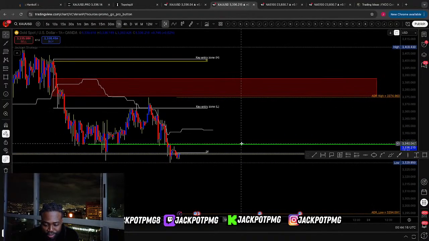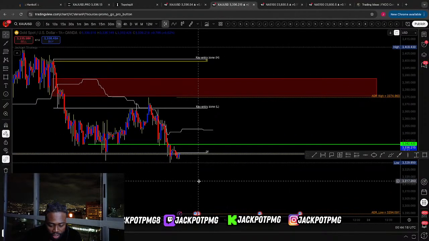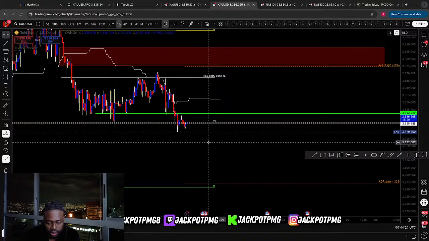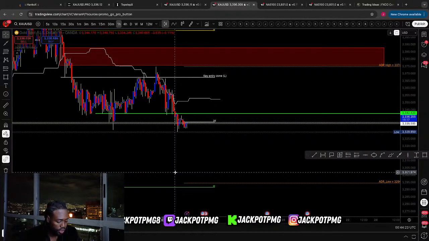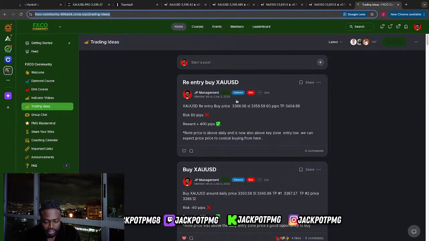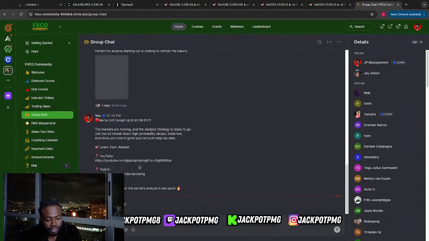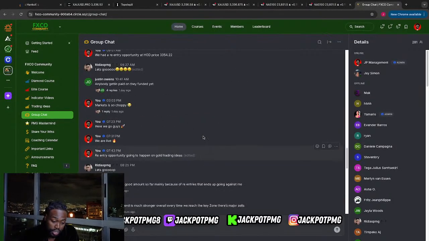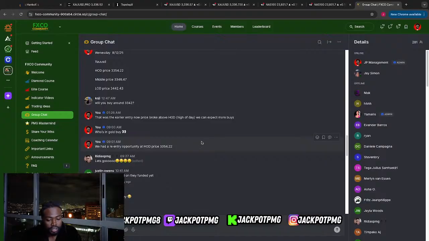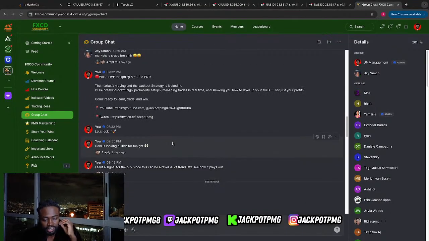So let's go into it, right? All right, right here, this is gold. Now, based on my indicators, based on my analysis so far, I'm gonna leave this box up here. Based on everything that I'm looking at right now, we had key entry zones, which I sent to the team every time they came up after 12 a.m., so around 1 a.m. Eastern time, you will be able to see these exact prices.